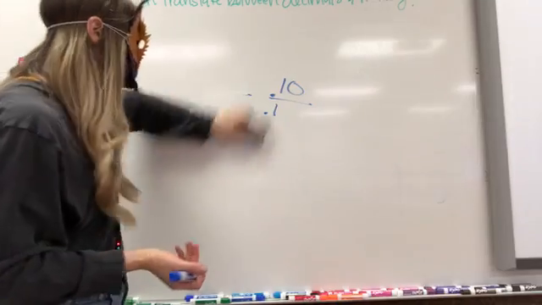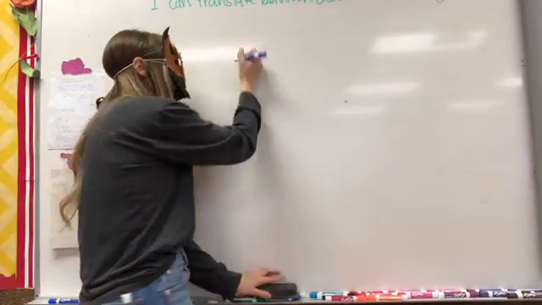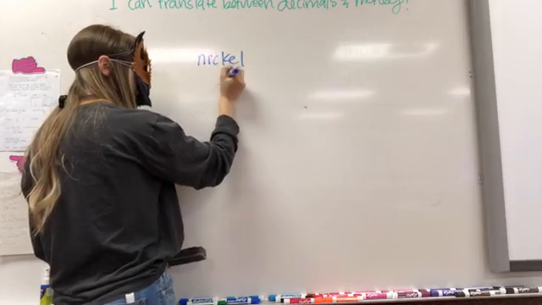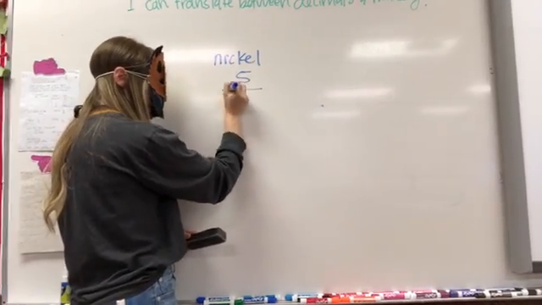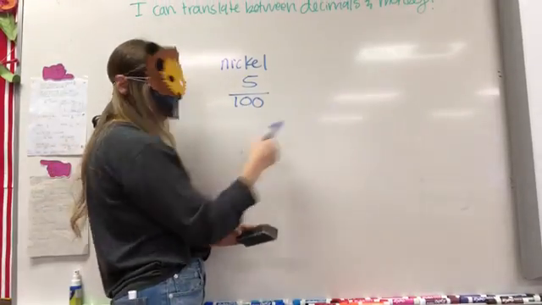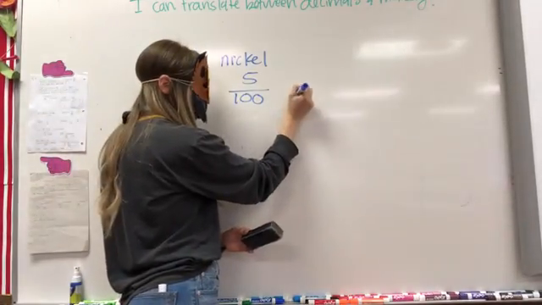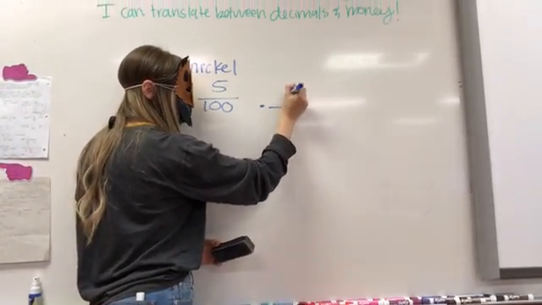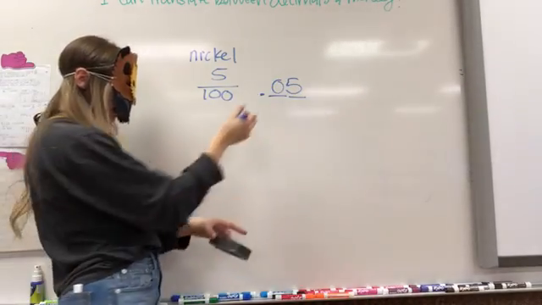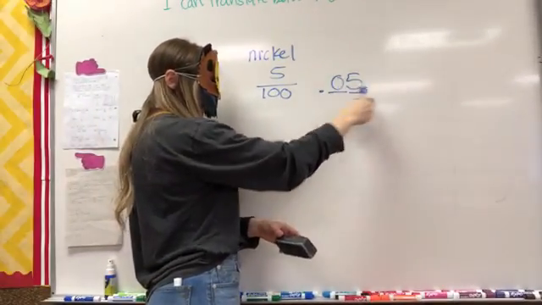Let's see, what about a nickel? Well, a nickel is worth 5 cents. And we know a dollar is still out of 100, so it's 5 over 100. And if we change this into a decimal, we put it in the hundredths place. We add our 0. This would be it as a decimal. So you could have 5 cents, right?